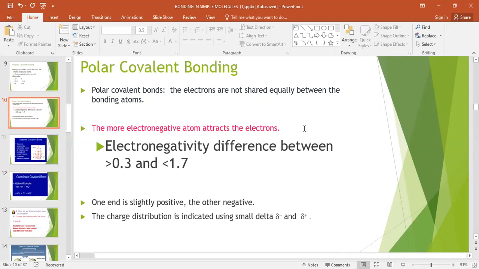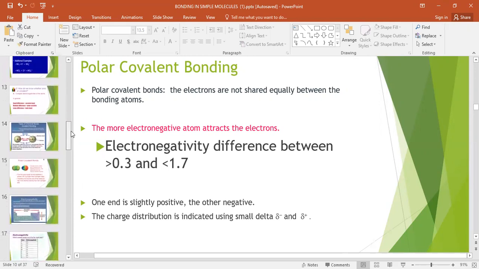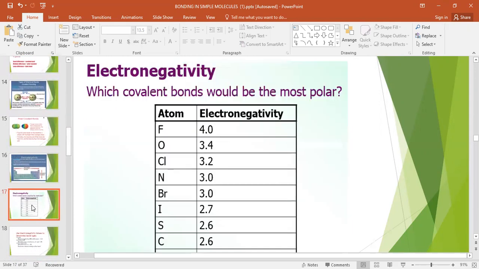Polar. Okay, see here, example. We have 2.2 here and 3.2 here for chlorine. So how will you subtract? Greater value minus smaller value, not smaller minus greater.